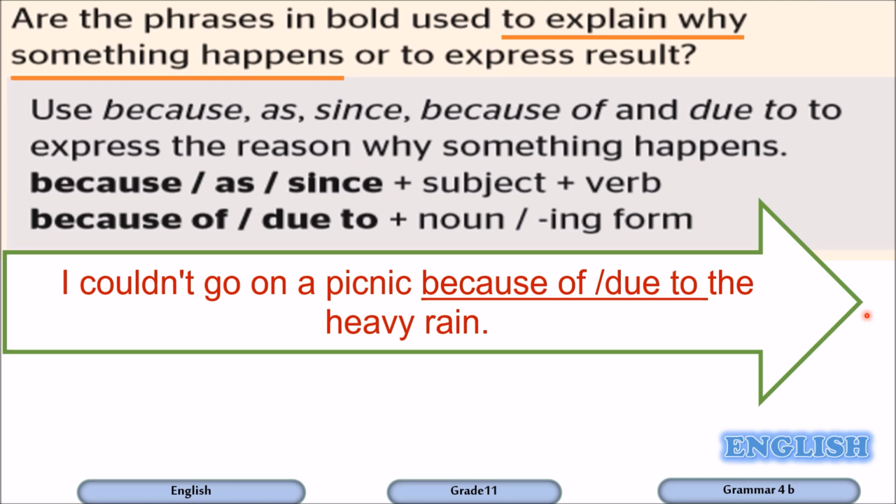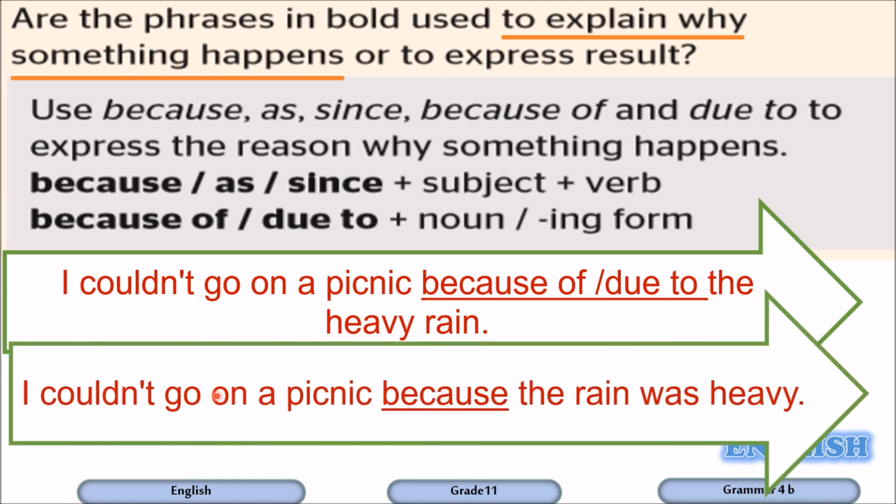Next example, I couldn't go on a picnic because the rain was heavy. So this is different from because of. Because needs a subject and a verb. So the rain is the subject, was is the verb.